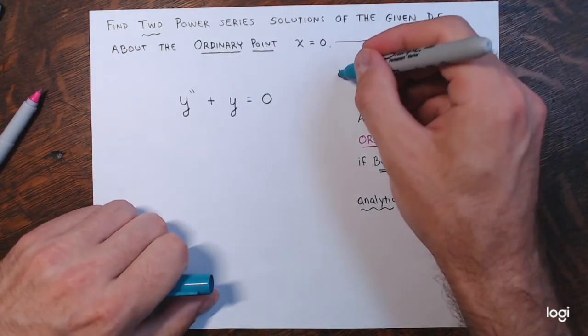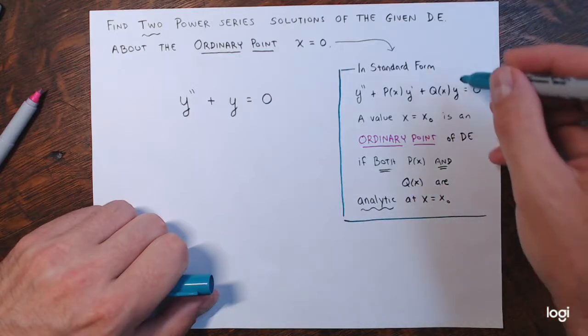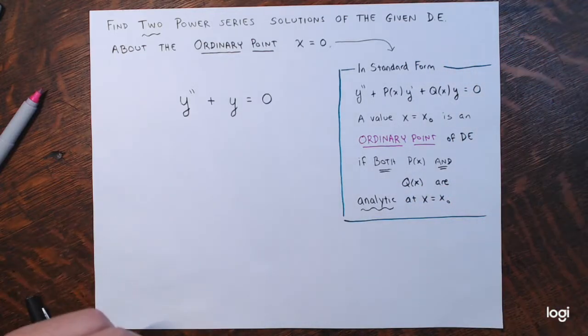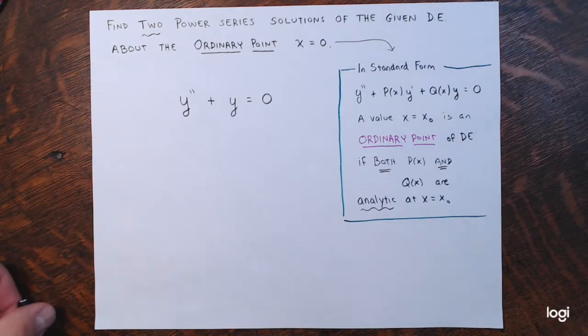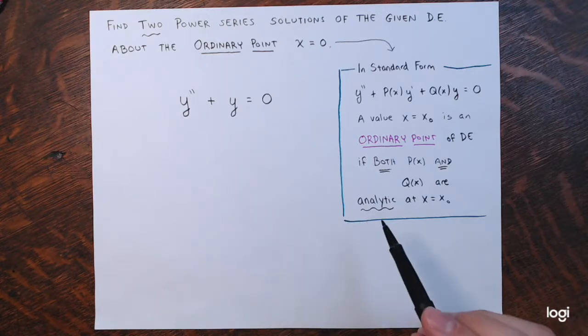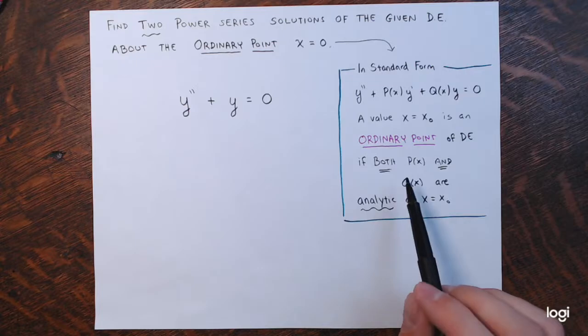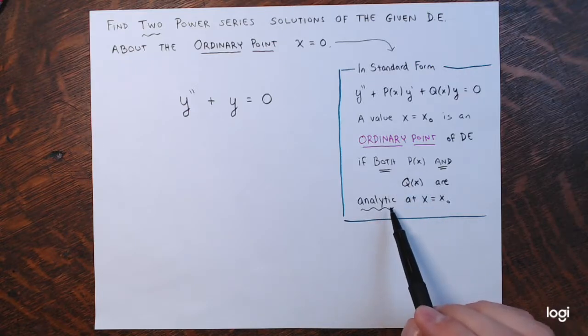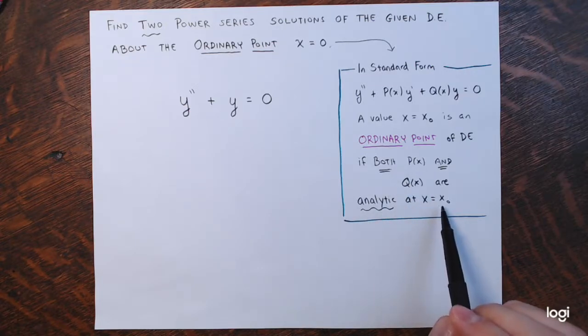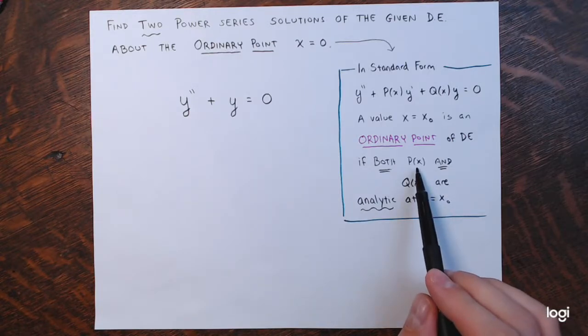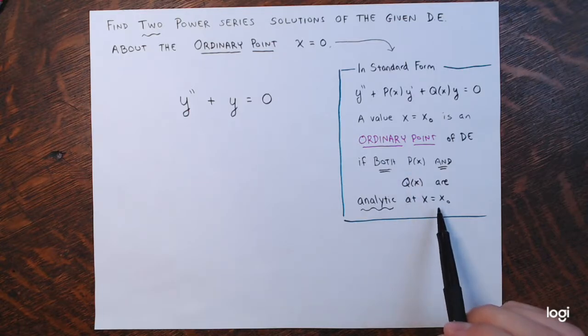Now, again, I'm not going to make this video all about series, and I'm assuming you should have been introduced to power series and series before. Remember, a function is analytic at a value x sub 0 if you can express that function as a power series centered at x sub 0.